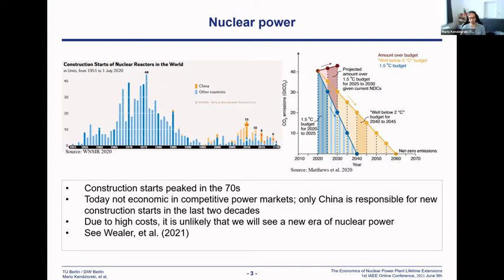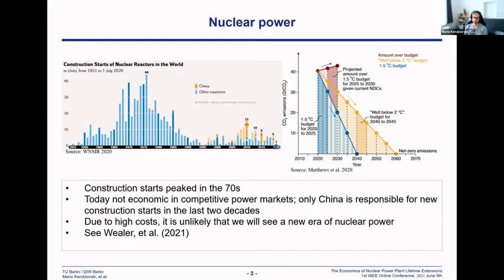If we take a look at the graph on the top left, which shows the construction starts in the world grouped by each year, we see that since the 90s the construction starts have dropped significantly, and in the last 2 decades, most new construction starts are done by China. So it's quite unlikely that we will see a new era of nuclear power in the future.